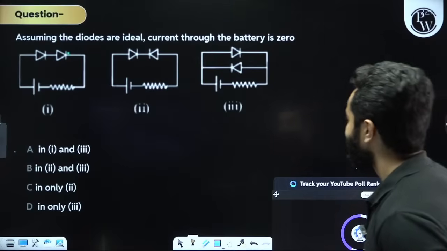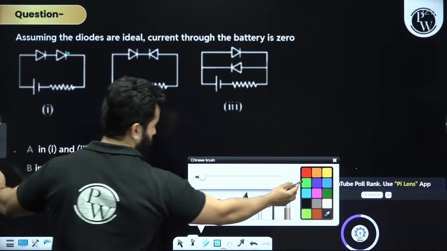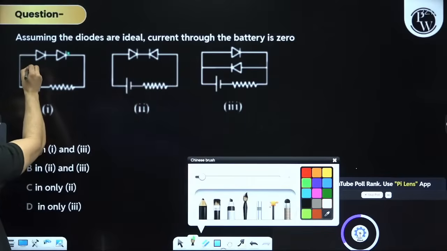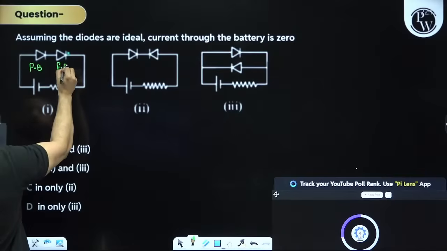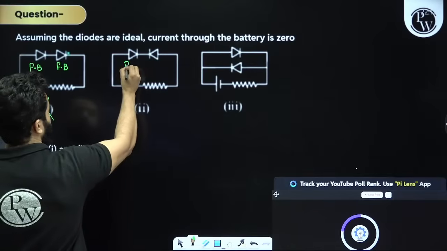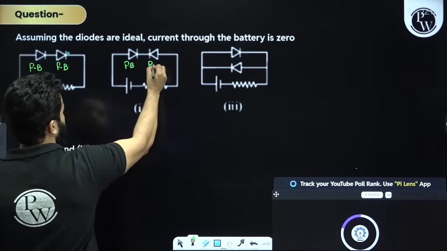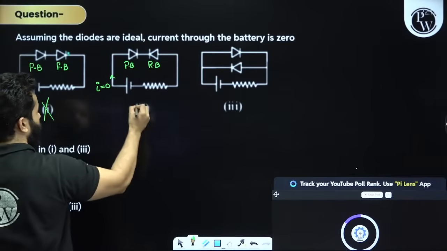Current through the battery is 0. So first of all, this is forward bias. This is forward bias, so current will flow. It will not be 0. This is forward bias, this is reverse bias. So in this, current will be 0. No current will flow.